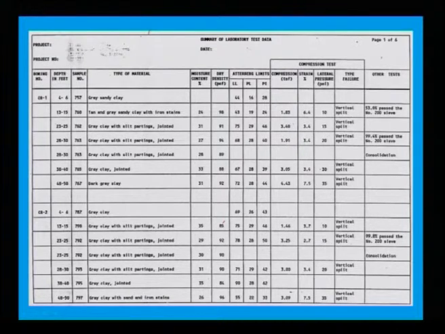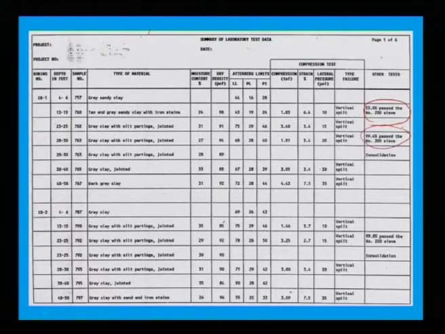Then other tests. From the classification, if you look here, 53% passes number 200 sieve. It means 53% is below and 47% is finer. You provide it everywhere as an alternative.